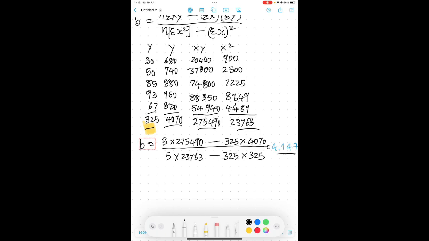Then you minus this from this. You do the same thing below also. That will give you your final answer of 4.147.